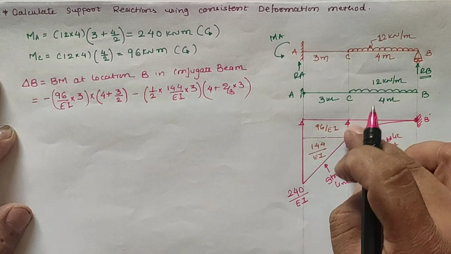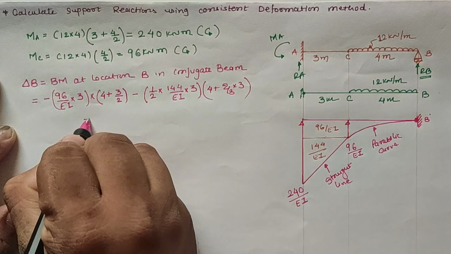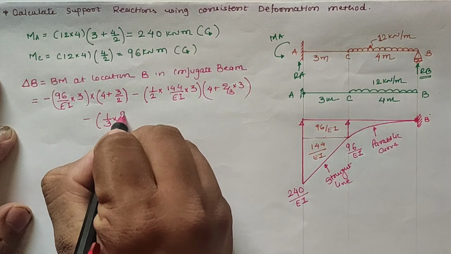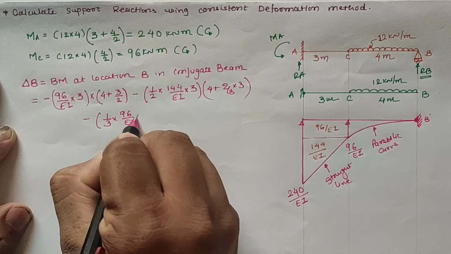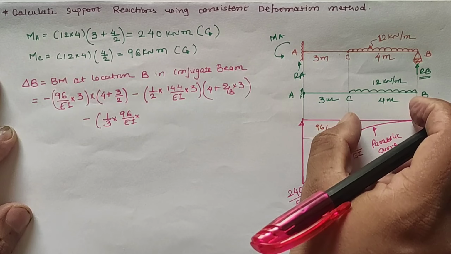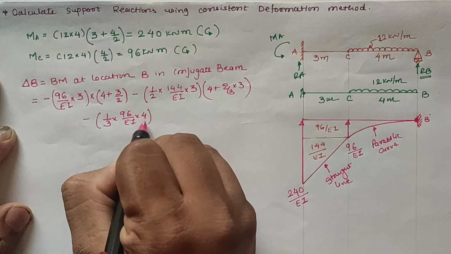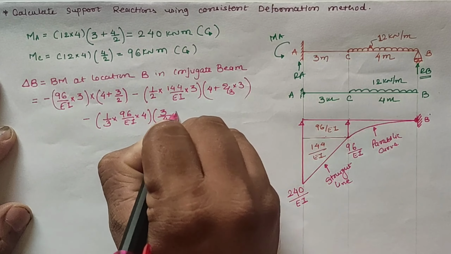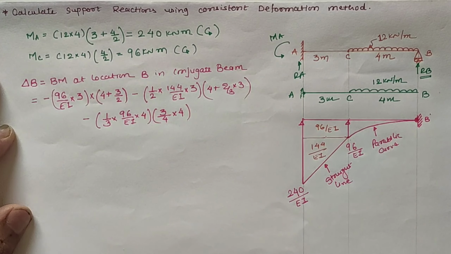And for the raised parabolic curve, the value is 1/3 into the loading of 96 by EI into the distance of this parabolic curve, 4 meters, and from location B our CG distance is at 3/4 of the distance.